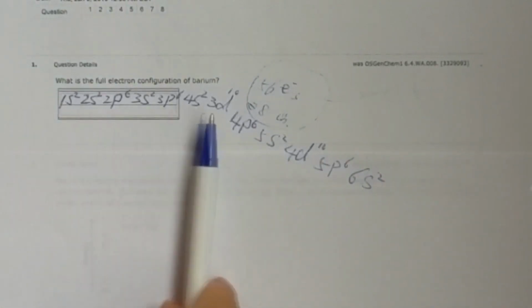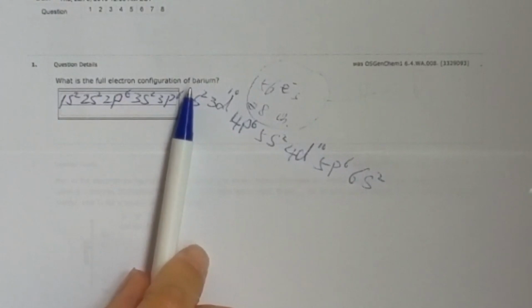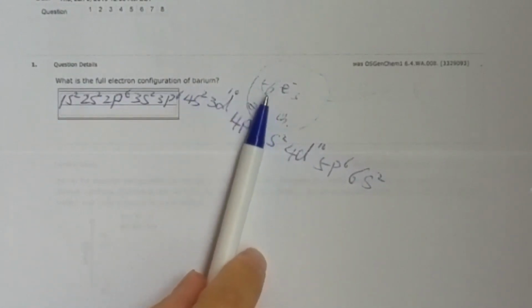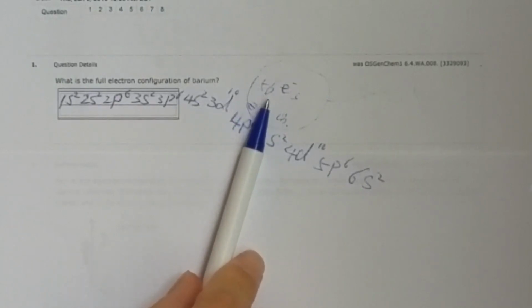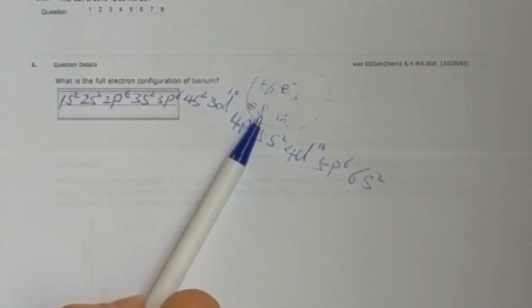So that's the electron configuration for our barium. We just said there should be 56 electrons, which needs 28 orbitals. But let's count the number of electrons to see if it's correct.